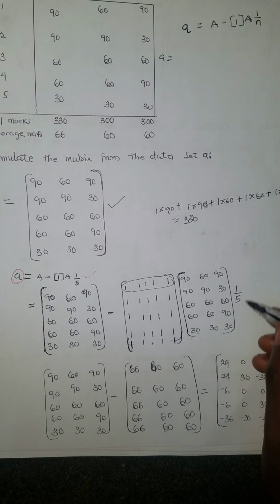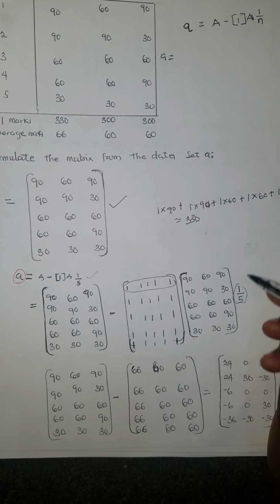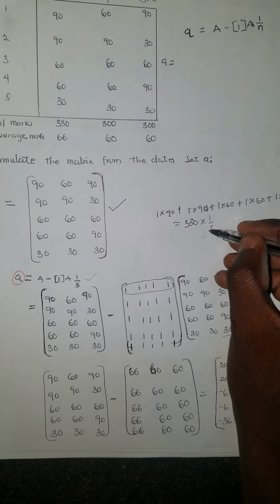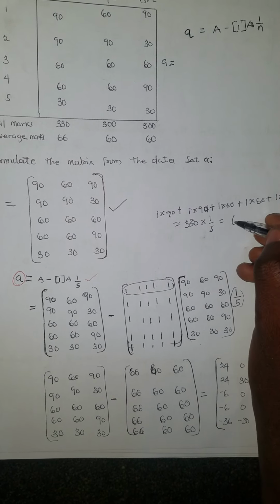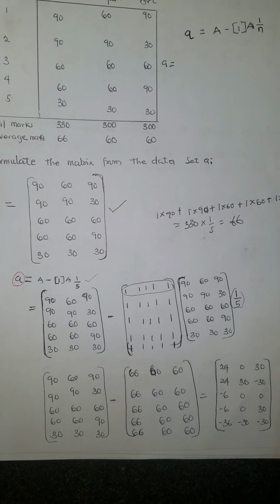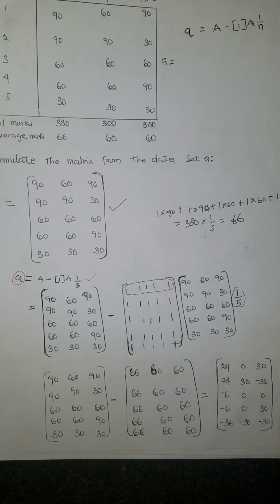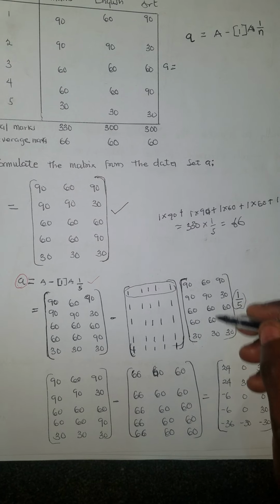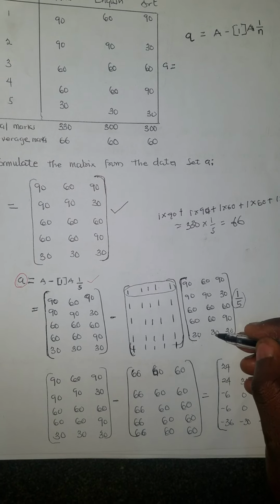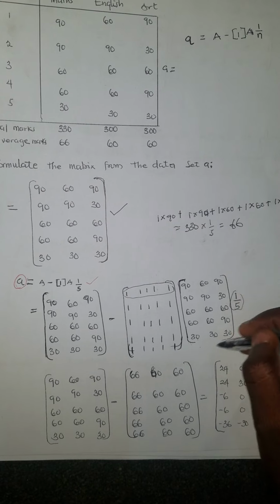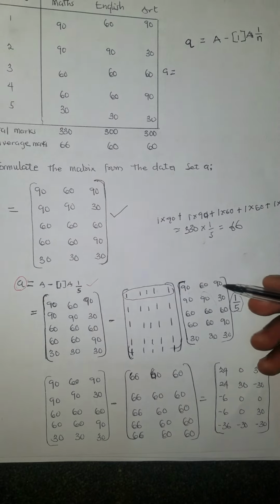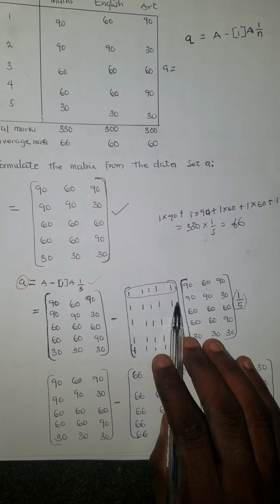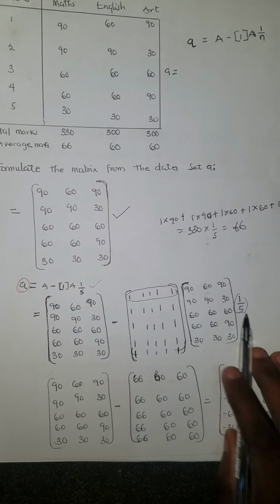Now divide it by the 5 here, or multiply it by 1 over 5. It will be 66, and that is for the first row. You take this same thing, multiply it by this and add, and you are going to get 60. If you do the same to this row, you get 60.